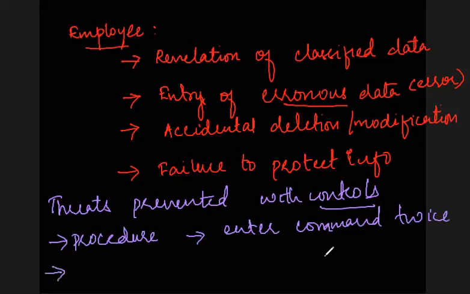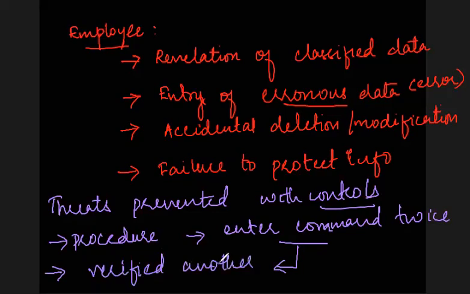Or whatever commands you're issuing need to be verified by another person. So these are the threats posed by employees working in an organization and the controls that can be used to avoid such errors.